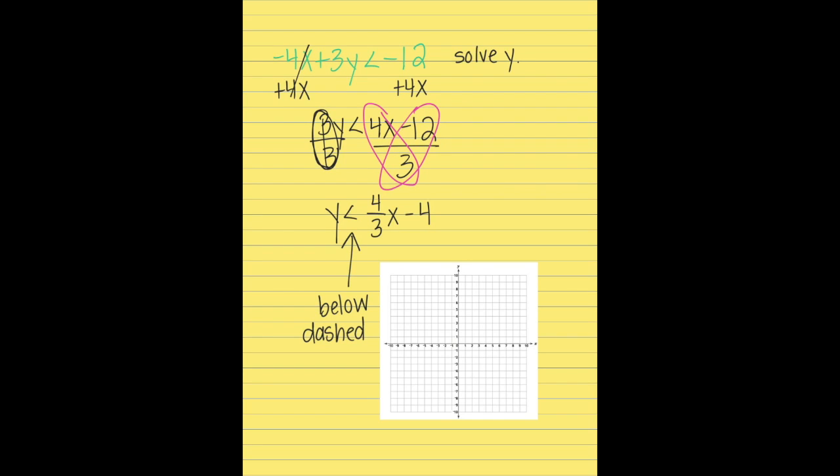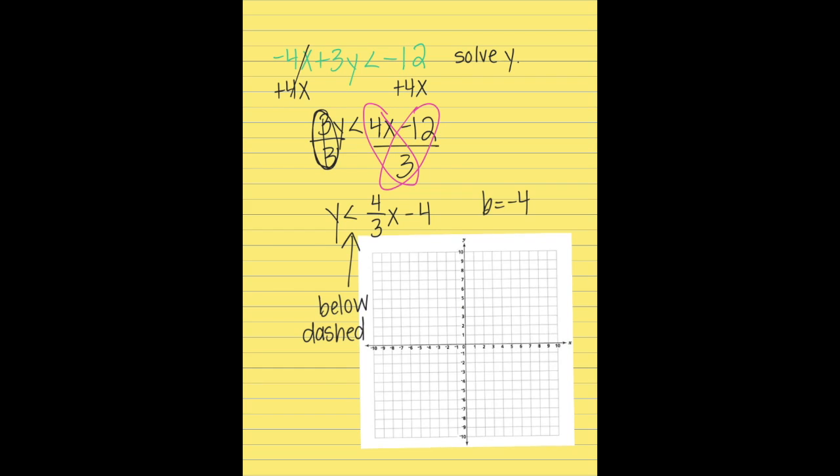All right, and then from there, we're just going to plot our points. We're going to plot our y-intercept at -4. So we're going to go to -4. And then we're going to do our slope. Our slope is 4 over 3. So that's going to tell me to go up 4, right 3. So we're going to go up 4 and right 3.